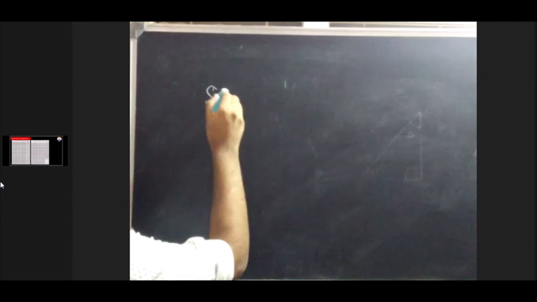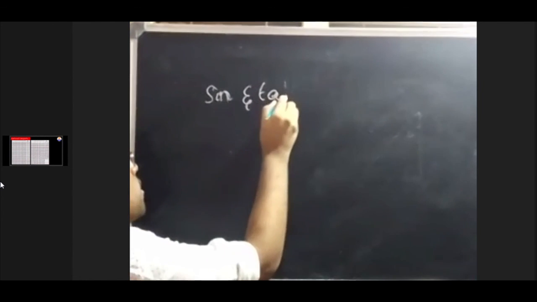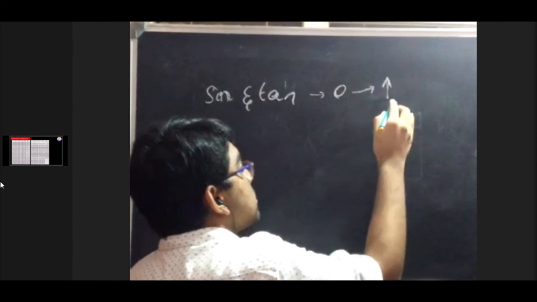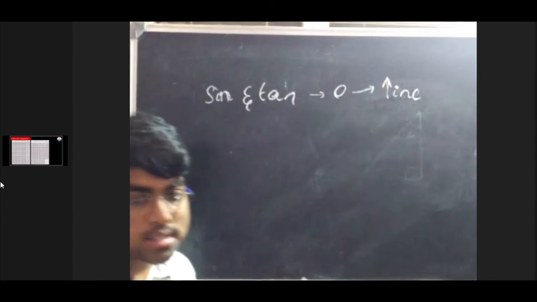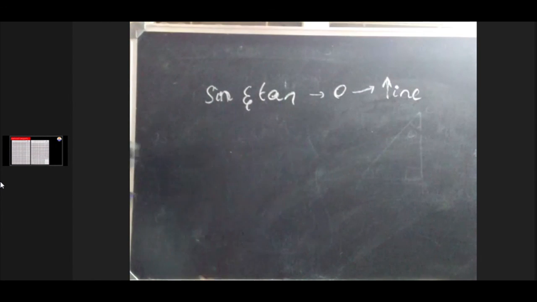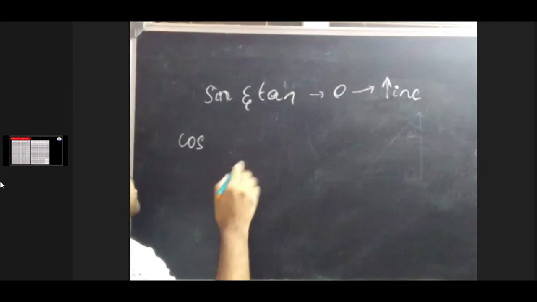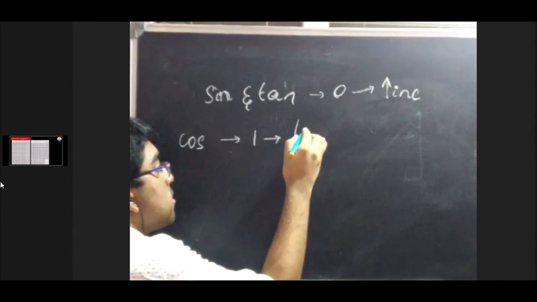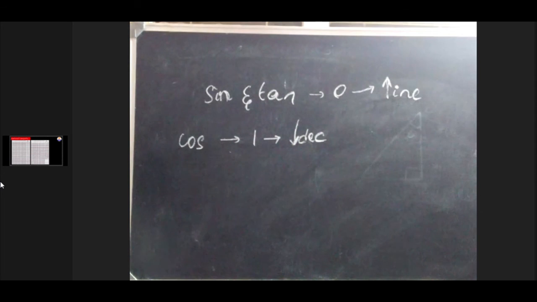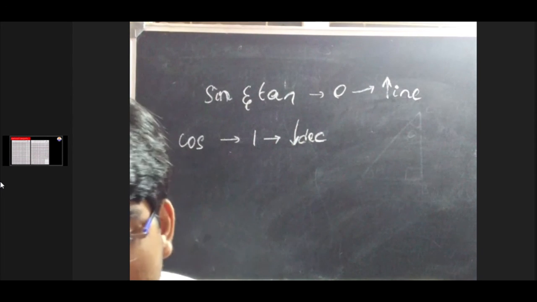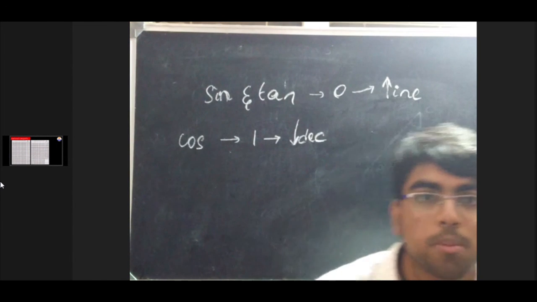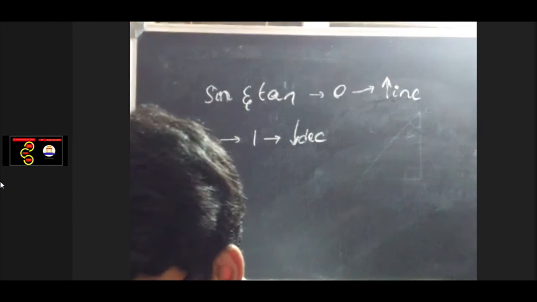Sine and tan both start from 0 and keep increasing, but cos starts from 1 and decreases. Once you look at the table clearly, and once we solve numerous problems based on this topic, we will be clear with it.